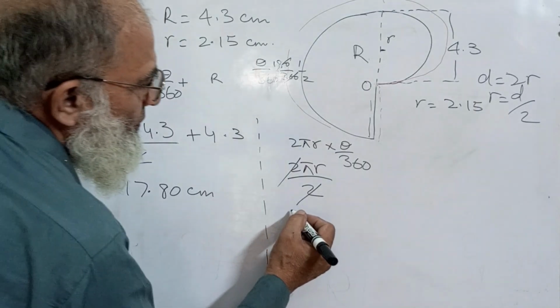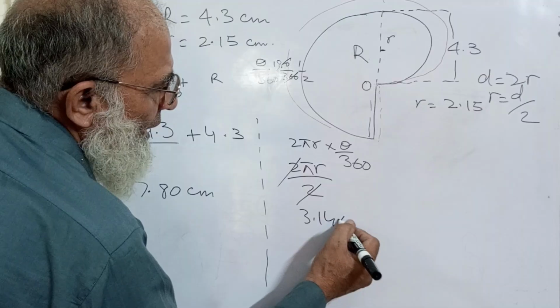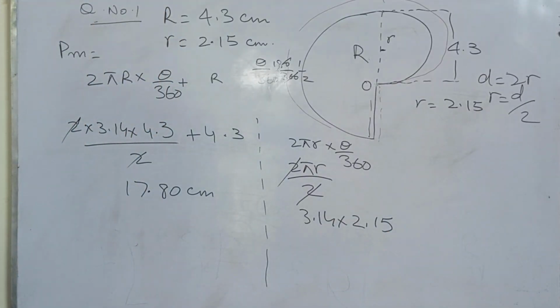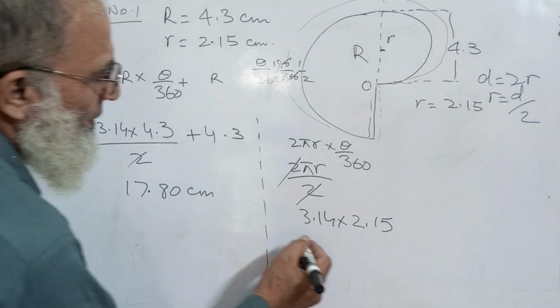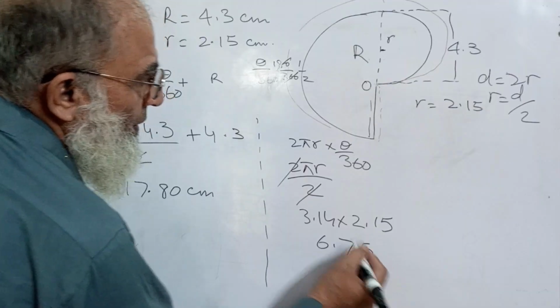So it will become 3.14 multiplied by 2.15 equals 6.75.